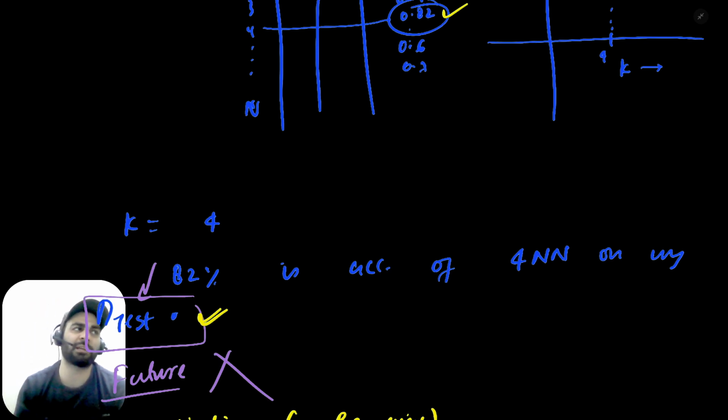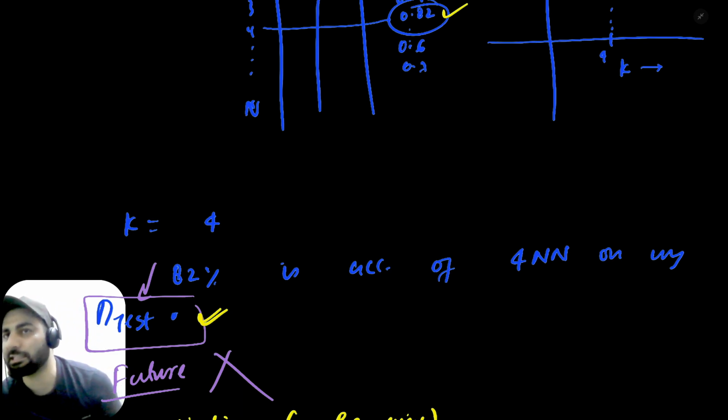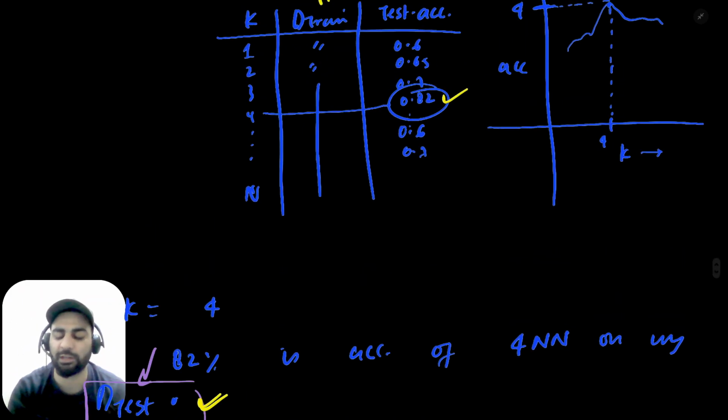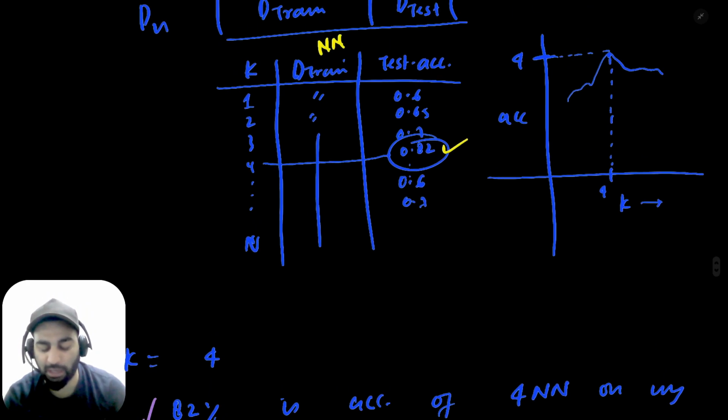So there should be some technique by the help of which I can say the accuracy of my model on unseen data is this much. It's not just on d test, it's on unseen data, because the test set was used over here. It no longer remained unseen, because you set this k based on this test.